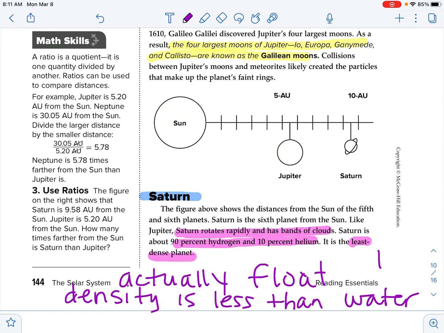So they have determined that the density of Saturn is less than 1, so this planet would actually float. So this is a question on your study guide, so make sure that you get this written in, okay?